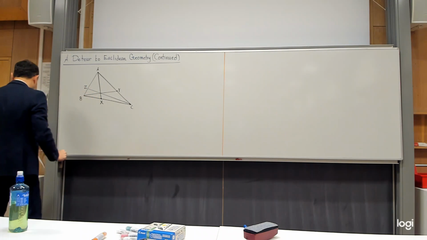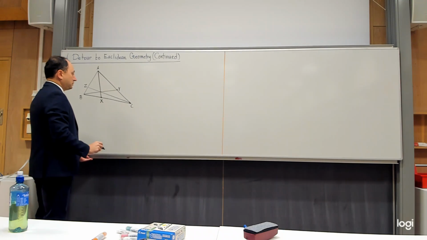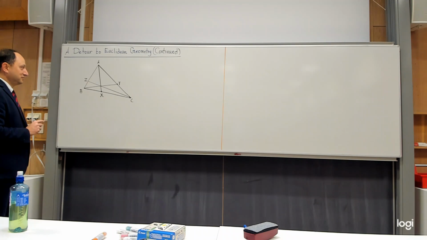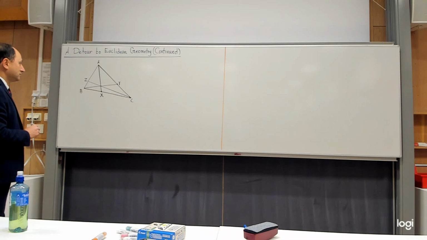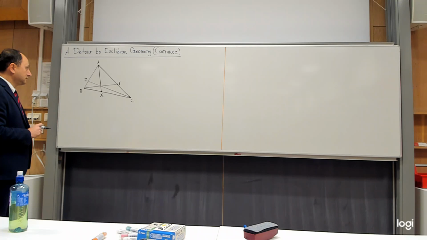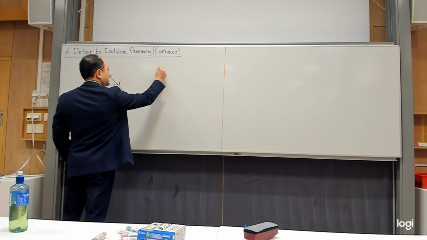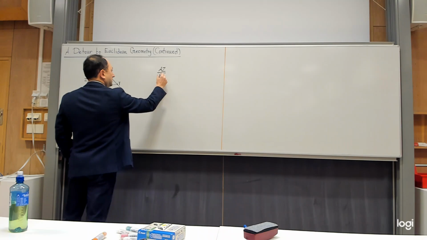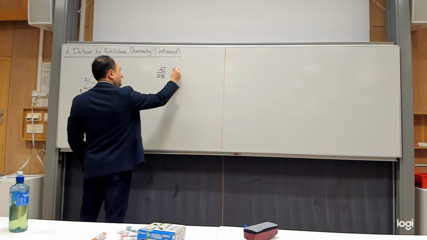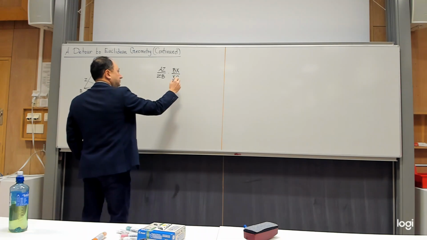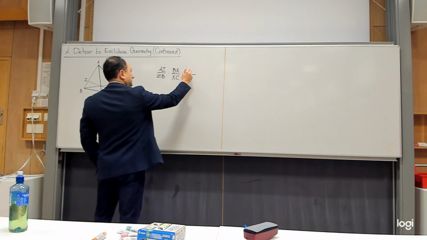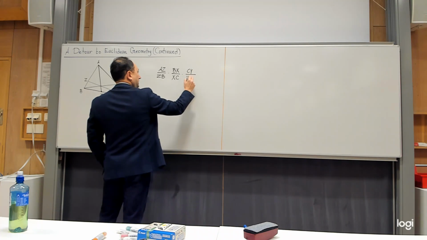And then we had a very famous relation, and do you remember what that was? You need to improve your memory, really. This is a have to. So what should I write? Do you remember? AZ over ZB times BX over XC times CY over YA is equal to what?